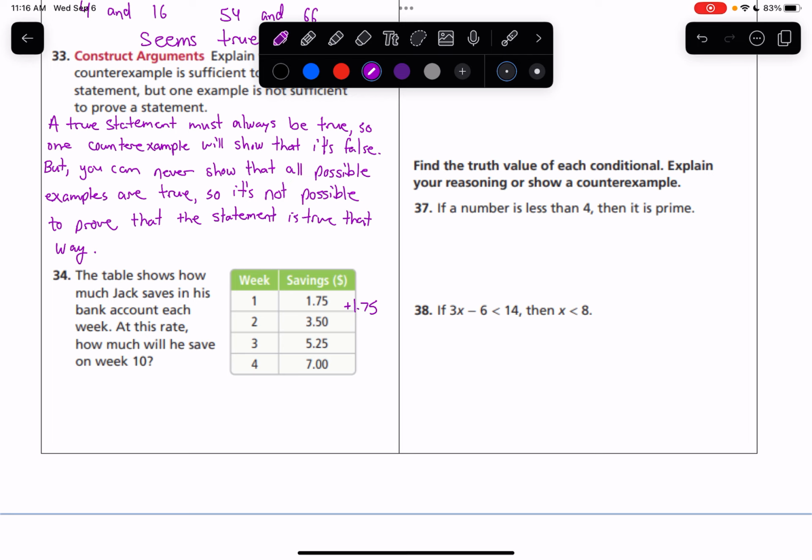And we're going up by 175 from 2 to 3, plus 1.75. Looks like every time. So if we're thinking about week 10, we're going to say, all right, so that's going to be $1.75 times 10. And I know that because at week 0, if we subtracted 175, we would have $0 in savings. So we started at 0. So this is going to give us $17.50.